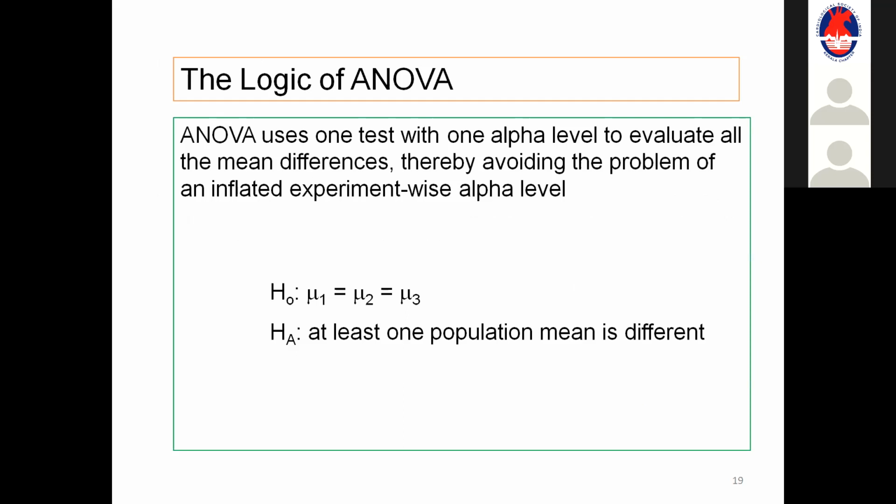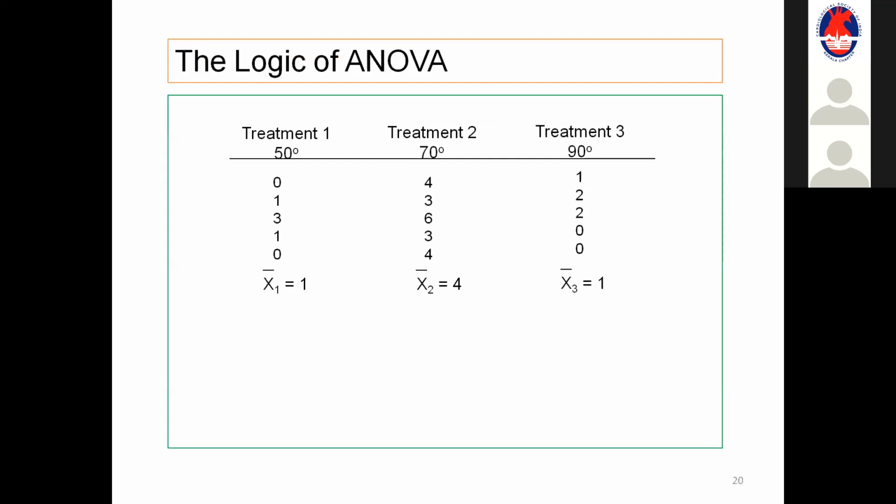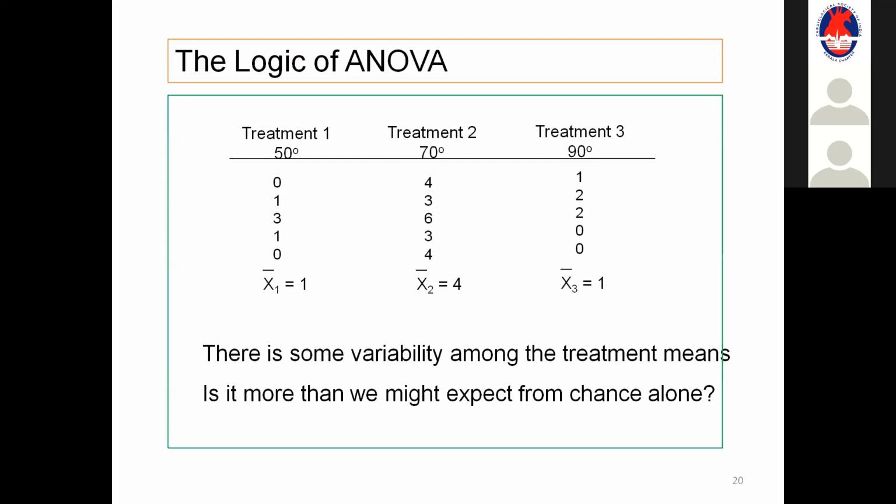And our alternative hypothesis is that at least one population mean is different from the overall mean. So let's see, there is some variability among the treatment means. Is it more than we might expect from chance alone? That is what we are exactly testing for.